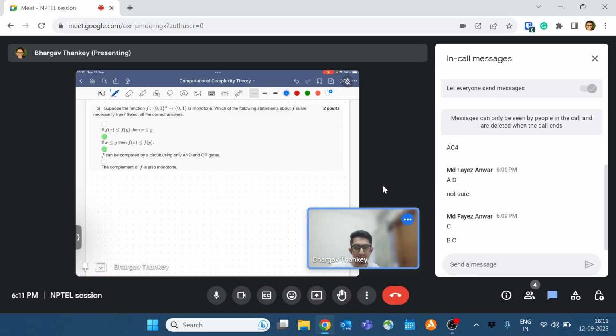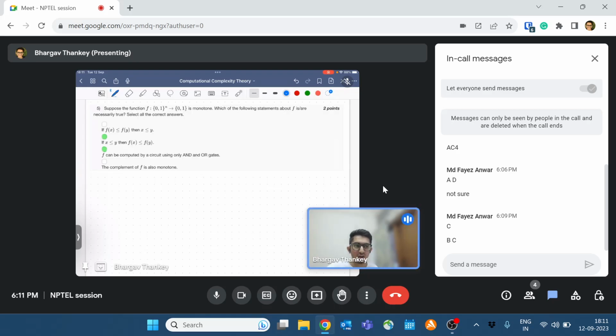But why does that imply that every monotone function can be computed just using AND and OR gates? Because every function can be represented using AND, OR and NOT, and what I intuitively believe is that NOT is the one which breaks monotonicity.